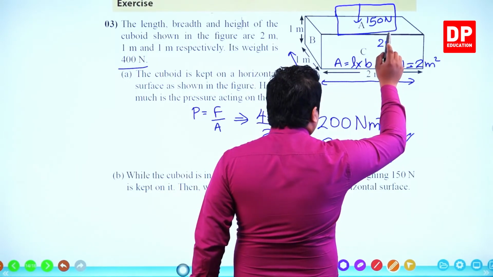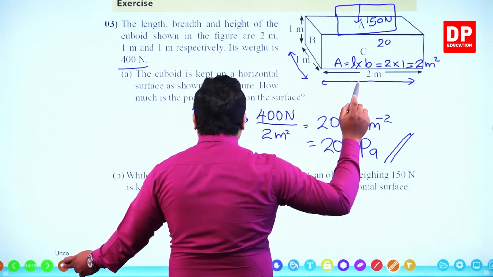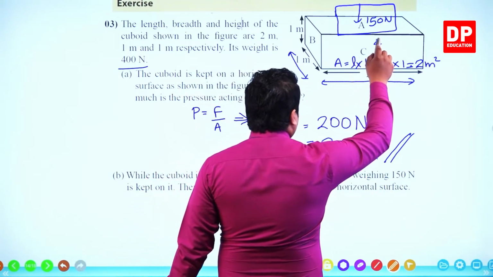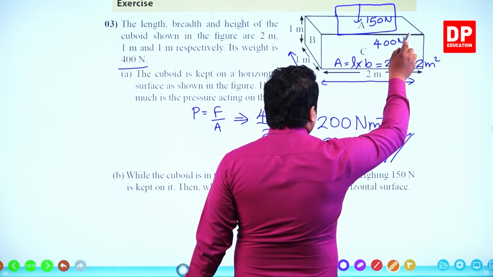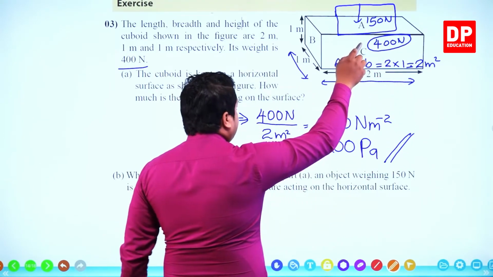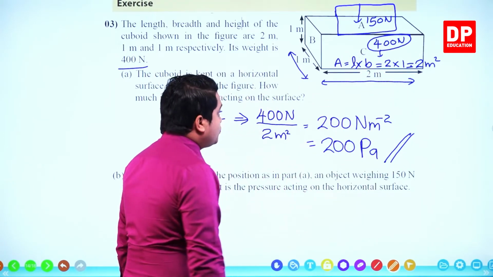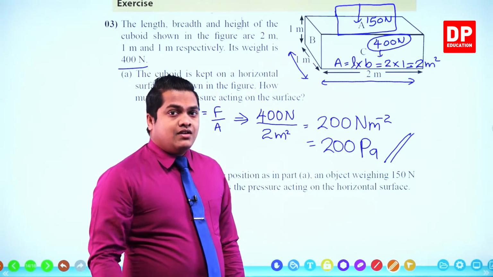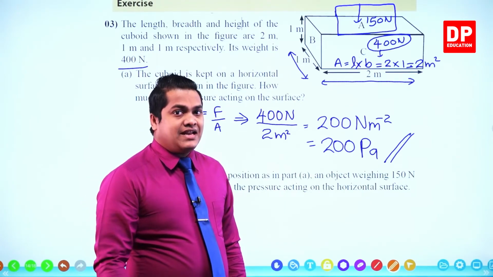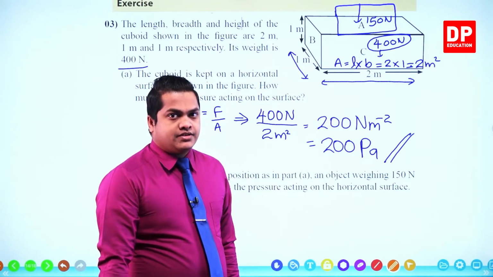This one has 400 Newton. So now you can see that altogether these two objects have 550 Newton of weight.